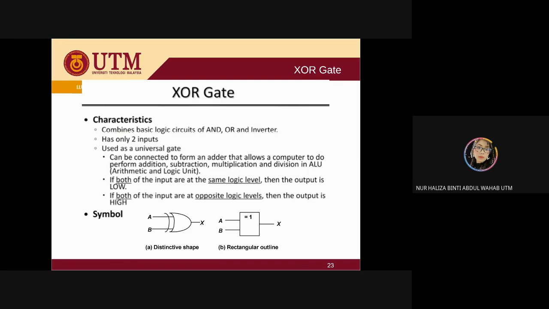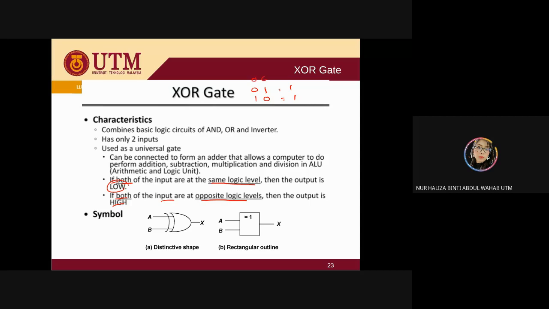And what else? If both inputs are the same level, your output will be low. So only different. If both inputs are opposite, then you will get 1. Like if let's say you have 0 1 or 1 0, you will get 1.